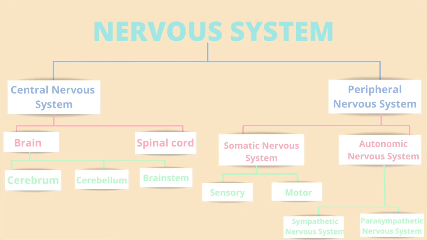Just remember that the somatic nervous system is more on voluntary, while the autonomic nervous system is involuntary. It is further divided into sympathetic and parasympathetic. The sympathetic nervous system is our fight or flight response, while the parasympathetic nervous system initiates rest and digest.